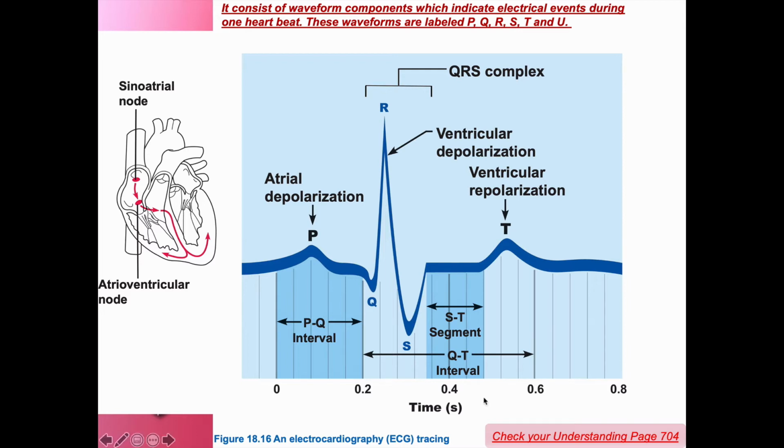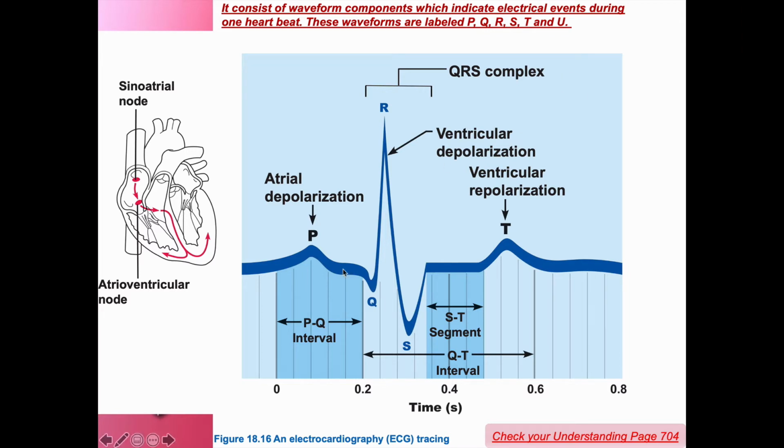In that, the contraction of the heart, that is the systole, takes 0.4 second, and the relaxation of the heart takes 0.4 second. So 0.4 is the systole timing and 0.4 is the diastole timing. 0.4 plus 0.4 is equal to 0.8. That is one complete cardiac cycle.